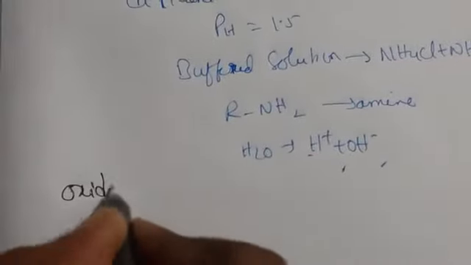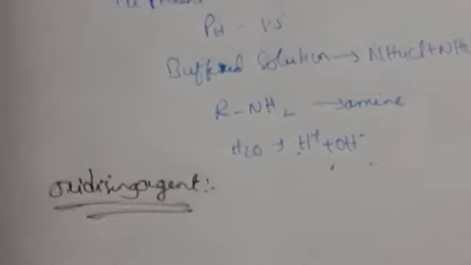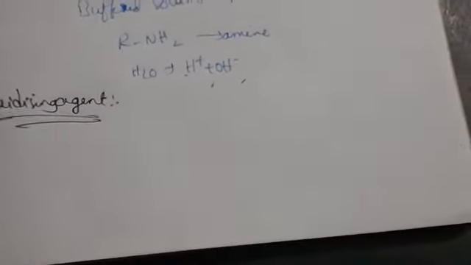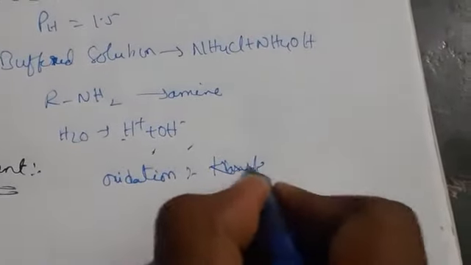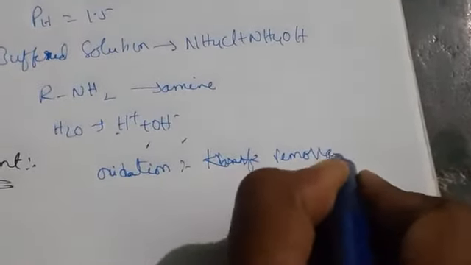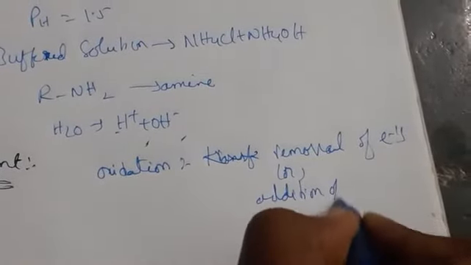And the next one we have is the oxidizing agent. So what is an oxidizing agent? Oxidation is different, reduction is different. Oxidizing agent is different, reducing agent is different. Oxidation is nothing but the addition of oxygen or removal of hydrogens, or removal of electrons, we can say.